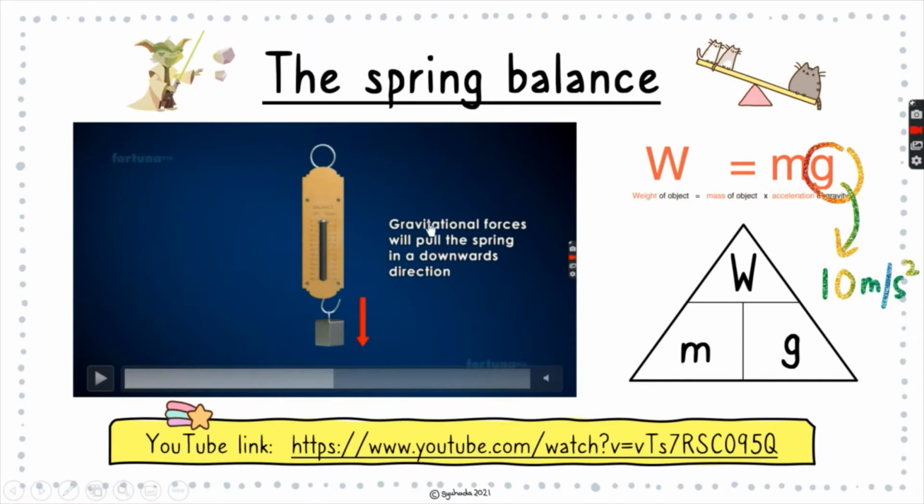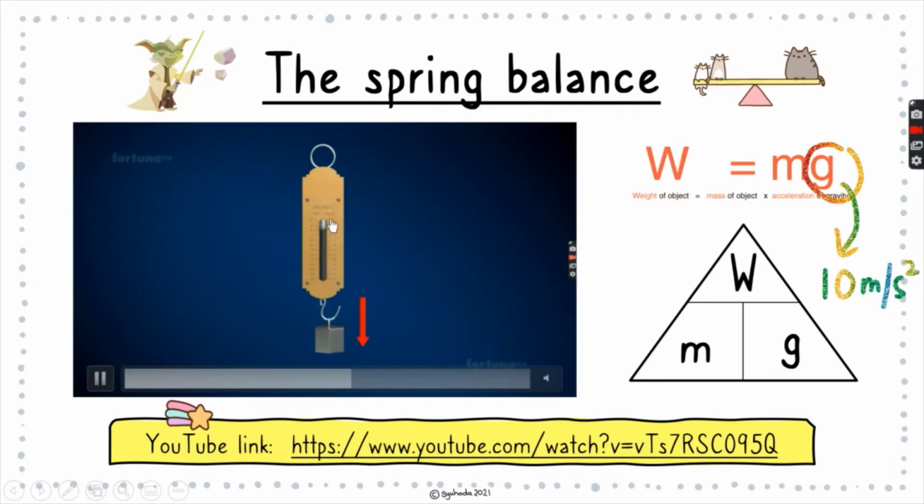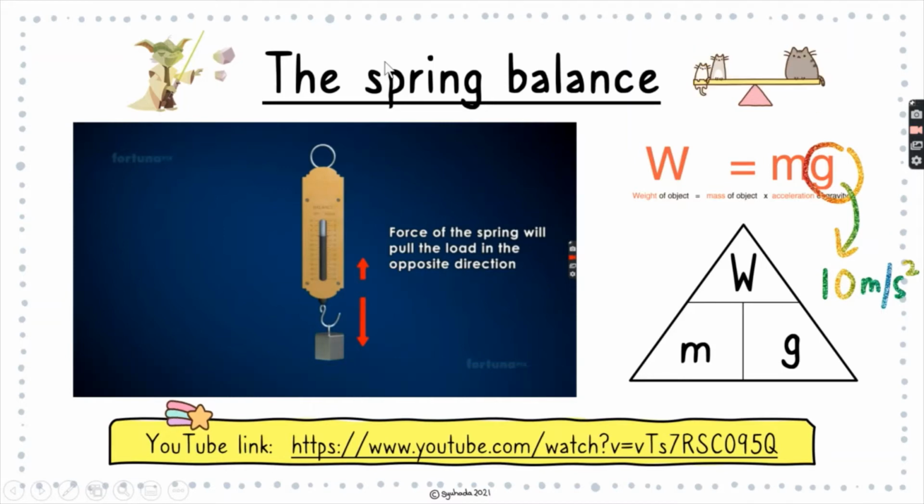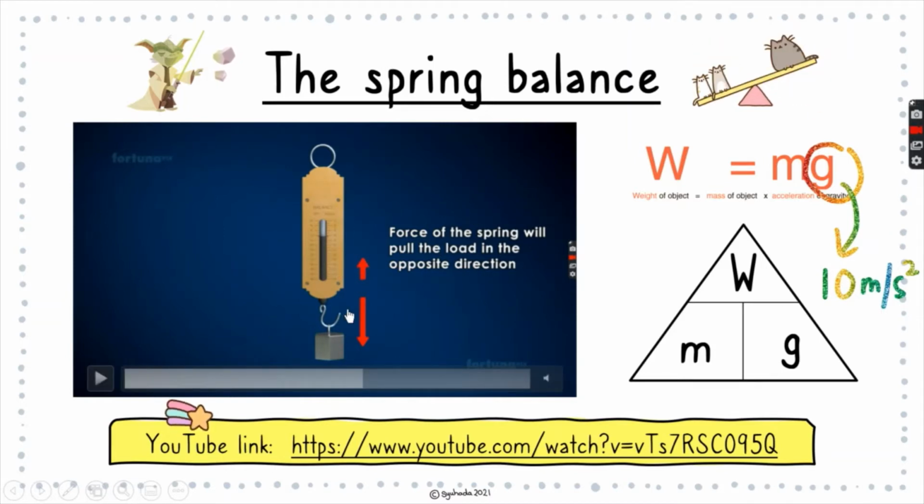So how does the spring balance work? Gravitational forces will pull the spring in a downward direction. However, the spring itself has a force, and when we talk about a spring, it springs back. So the spring is going to pull the load in the opposite direction.